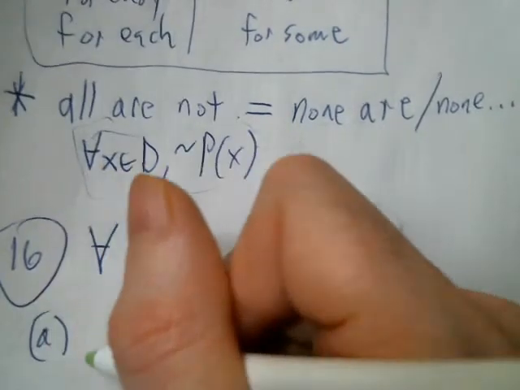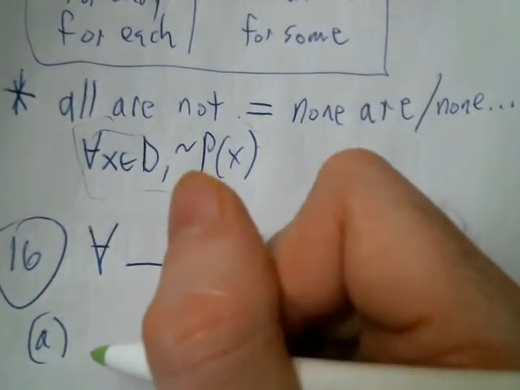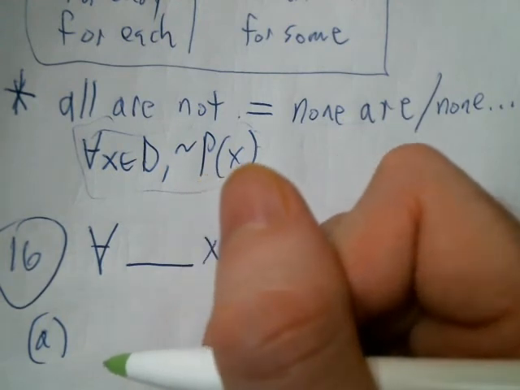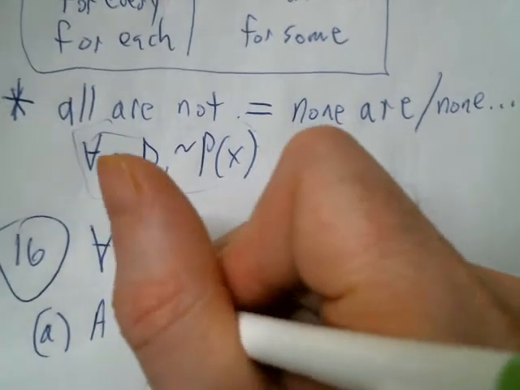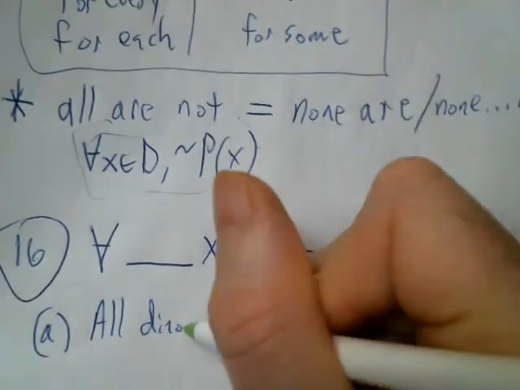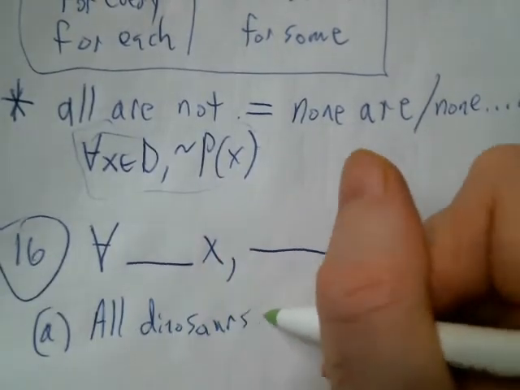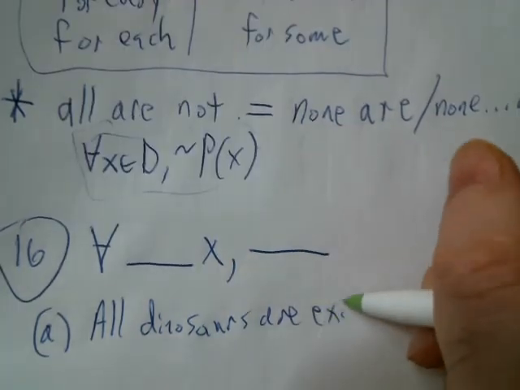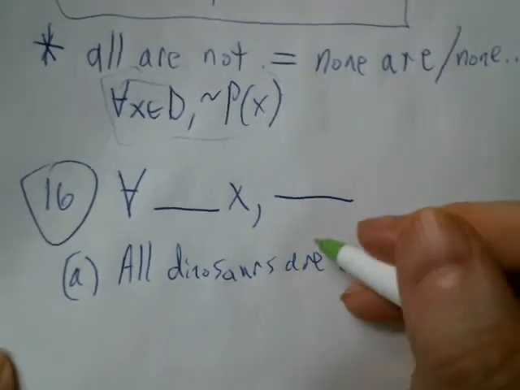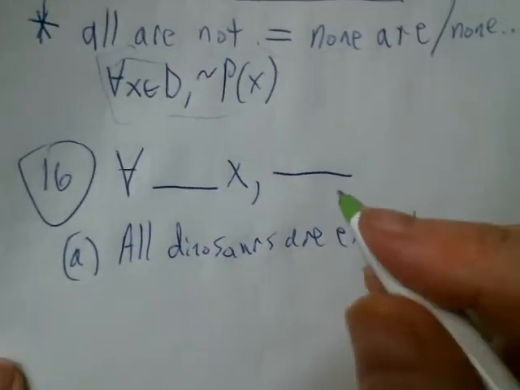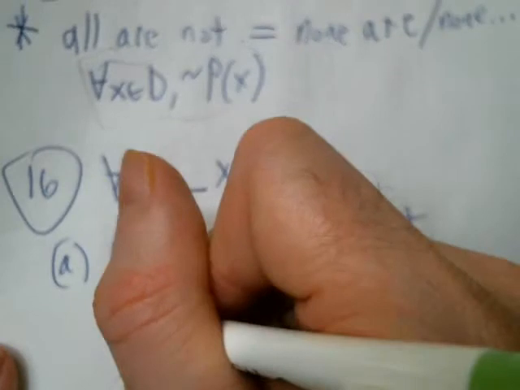So part A, let's look at part A. All dinosaurs are extinct. Okay. So for all dinosaurs x, x are extinct.